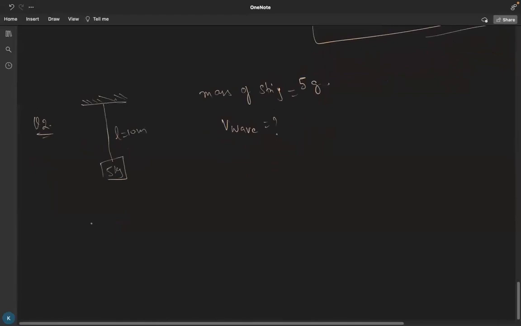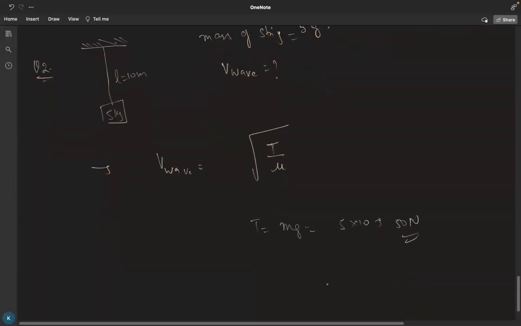We all know that the velocity of wave is root under tension by mu. We have to calculate the tension, which is easy. We calculate it with the help of dynamics, which is 5 into 10, which is 50 Newton. So we are able to calculate the tension. But what about the mu? Mu is mass per unit length.